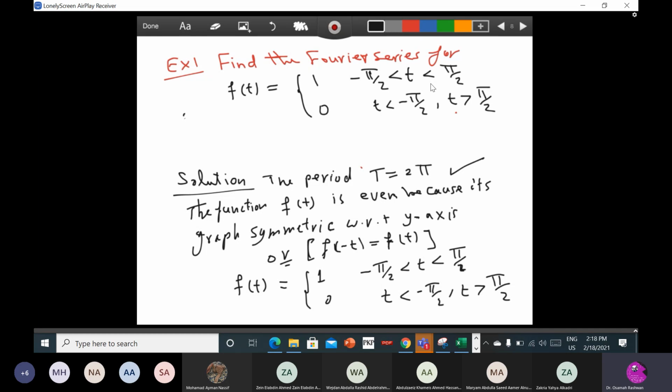This is the main point you have to do before you start. And you said it is an even function.